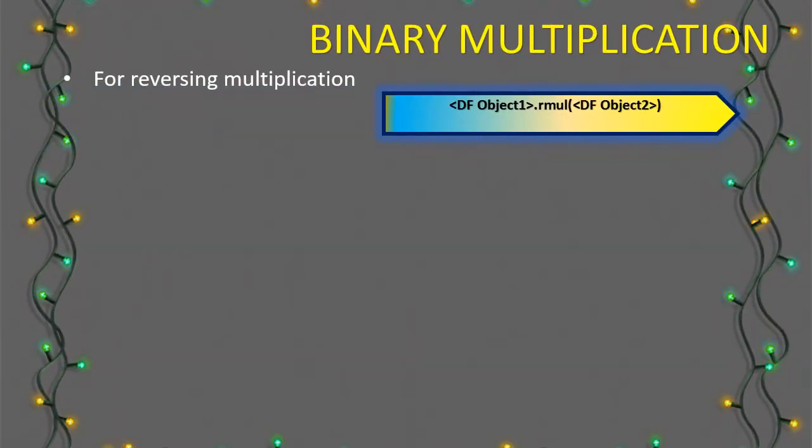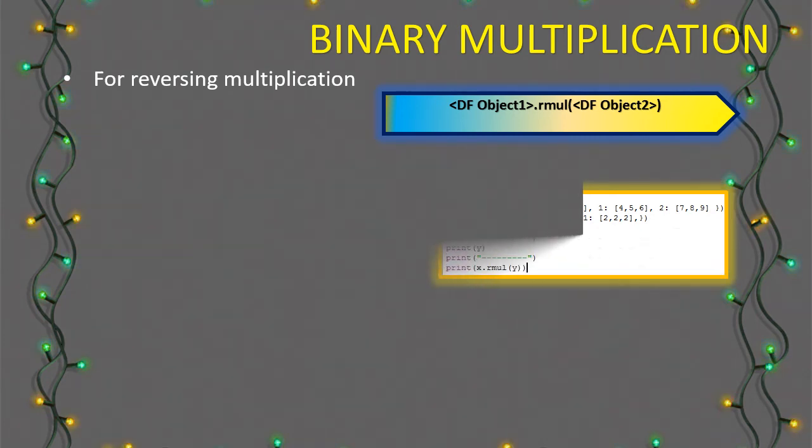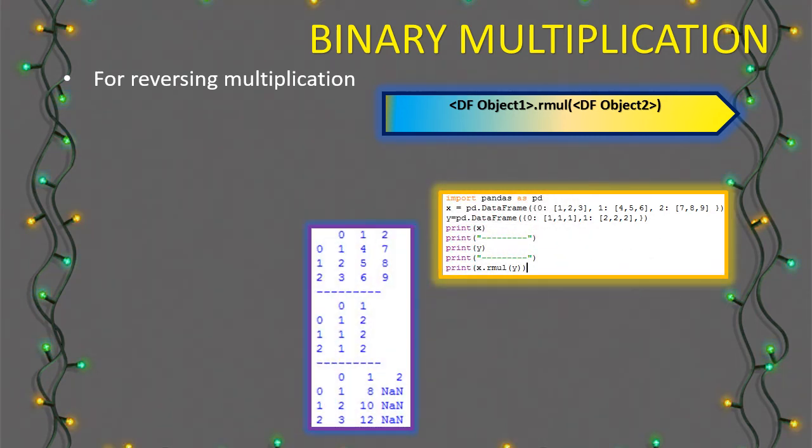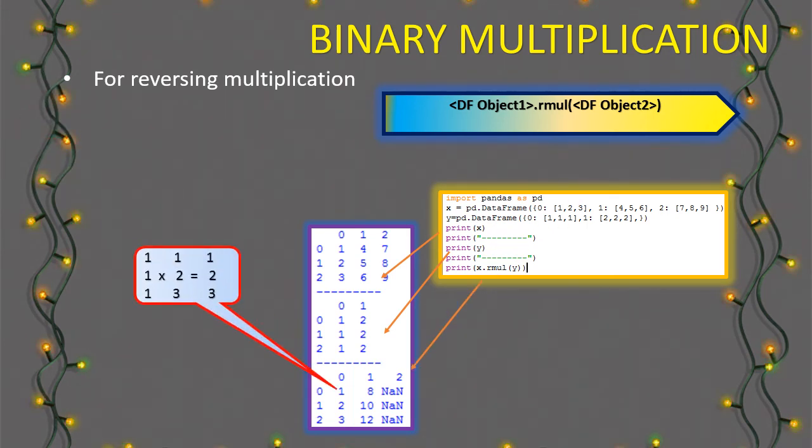For reverse multiplication we can use the function rmul. Even though we are giving the reverse multiplication, it becomes the same result only. See the example, x contains 3 rows 3 columns and y has 3 rows 2 columns. How it is performed, you can see that. So reverse is multiplied, so y into x: the y 0th column 1 1 1 multiplies with 1 2 3 of the 0th x column, sorry, x data frame.